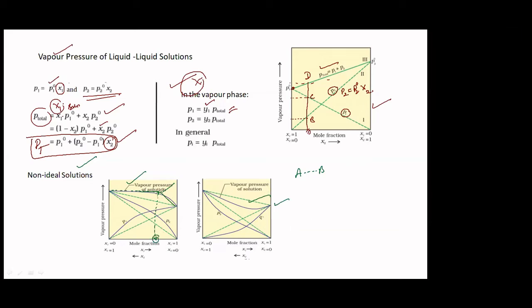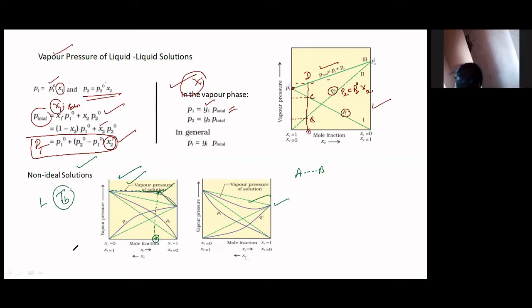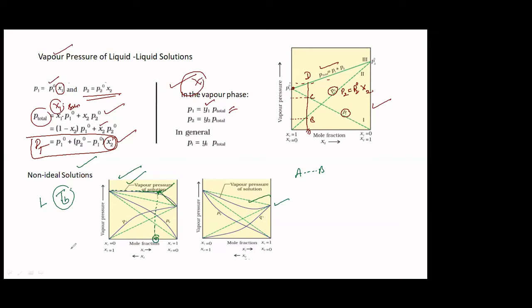That mixture will have the highest vapor pressure and therefore the lowest boiling point. TB will be the lowest, and therefore we call it a minimum boiling azeotrope. So an azeotropic mixture means it boils like a pure solvent without any change in its composition, right?